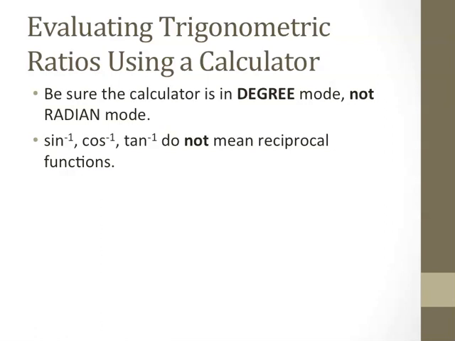So in terms of reciprocal functions, you'll notice we don't have cosecant, secant, or cotangent buttons on the calculator. Well, because they are reciprocals, if you're finding cosecant, you would find what sine of that angle is, and then you just flip that, so you have 1 divided by sine of the angle, and that will give you cosecant of that angle.